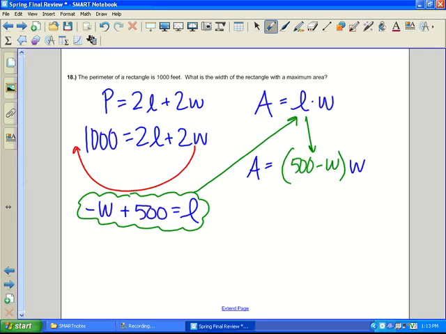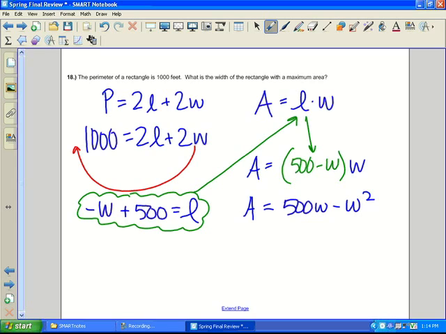So there's my L, 500 minus W. My area expression now is 500W minus W squared if I distribute that.